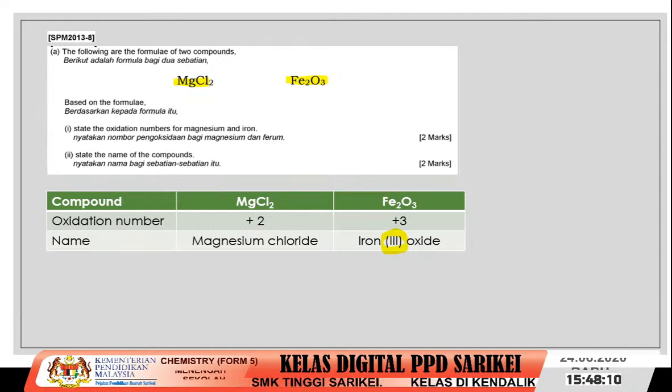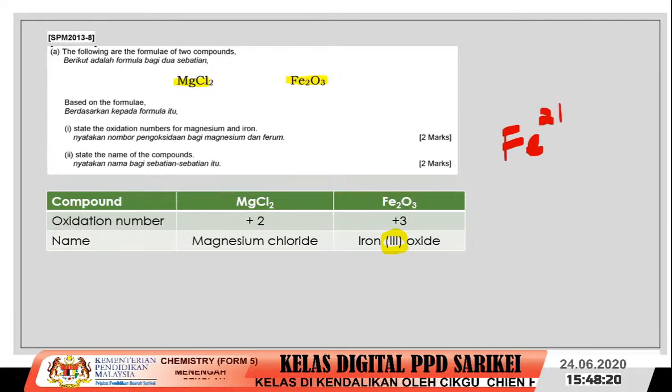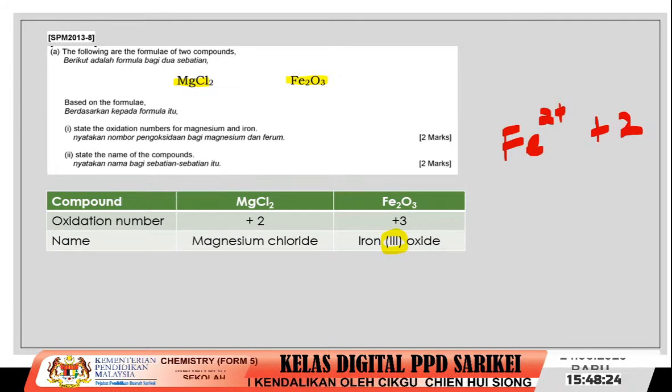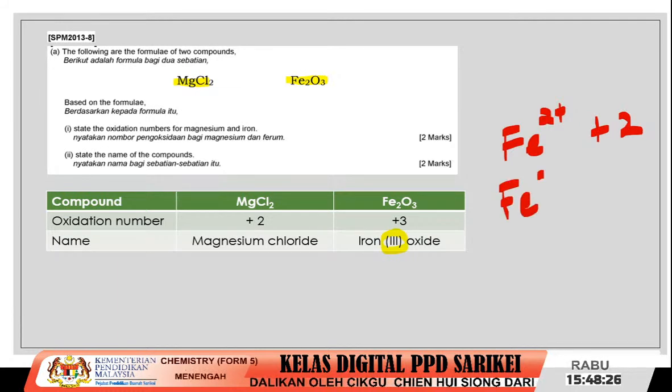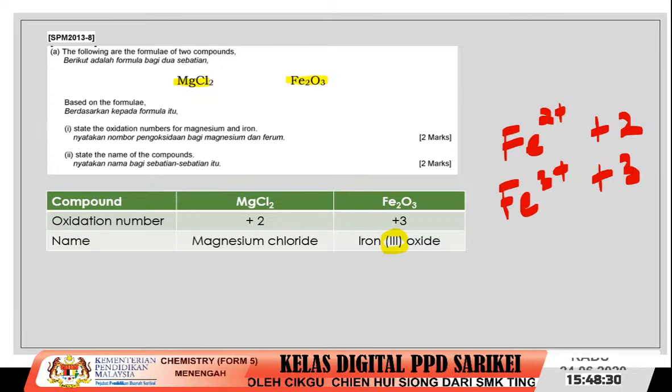That is one of the special characteristics of transition elements. So iron can have different oxidation numbers, for example Fe2+, the oxidation number is positive 2. Fe3+ ion, the oxidation number is positive 3.